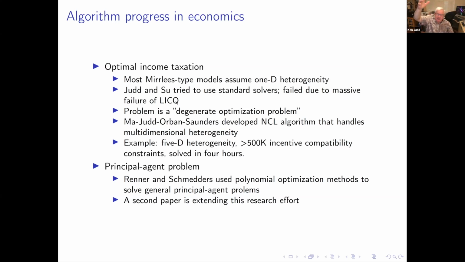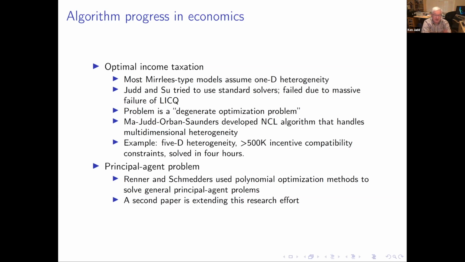So here's a problem. You have an objective function, and I think you only have about, I don't know, a couple thousand choice variables, but you have 500,000 constraints. But this algorithm can handle it, even though LICQ fails. And in fact, it's solved in 4 hours. And also, the paper contains the code that was used to solve the examples. And that was all written up in AMPL.